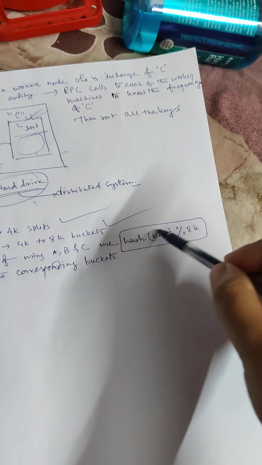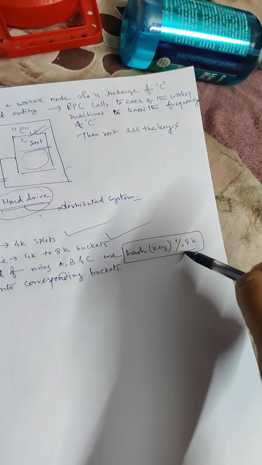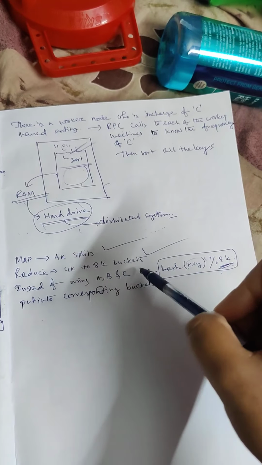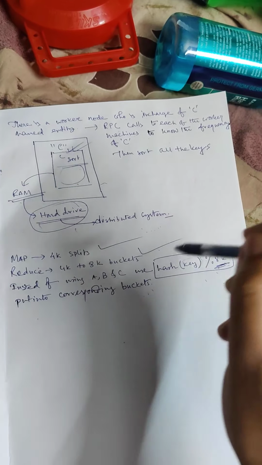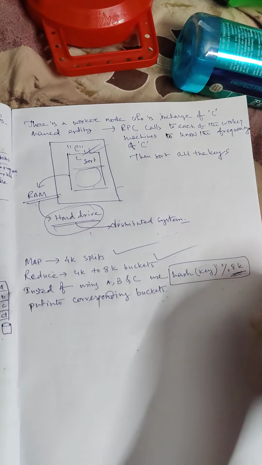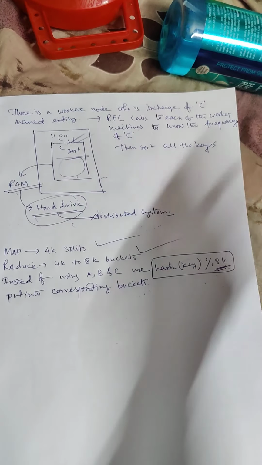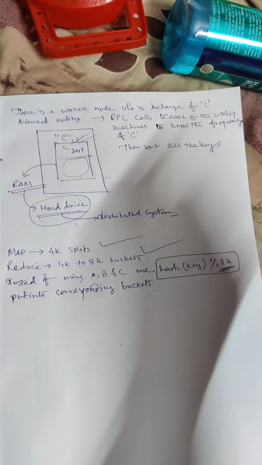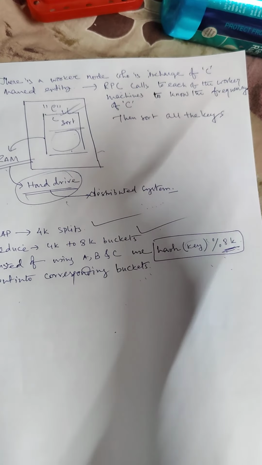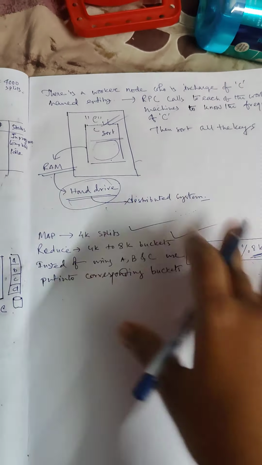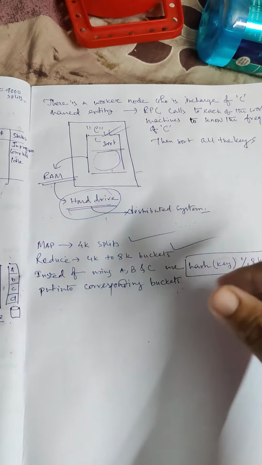So hash of key divided by 8K, because we have 8000 buckets, and then we redirect it to the corresponding bucket. It is the same as in a distributed database, how the partition key and partition function work. In this way the result comes.